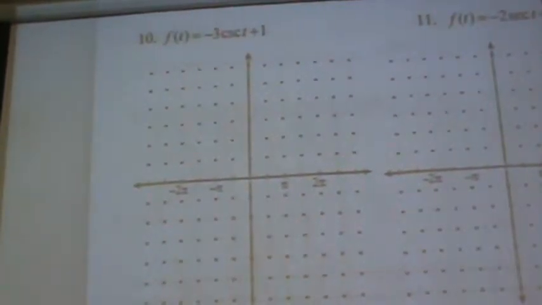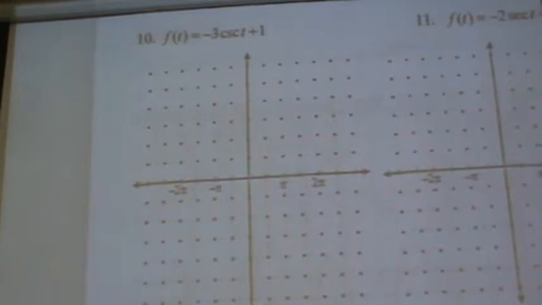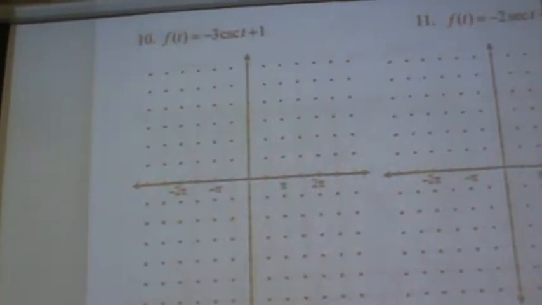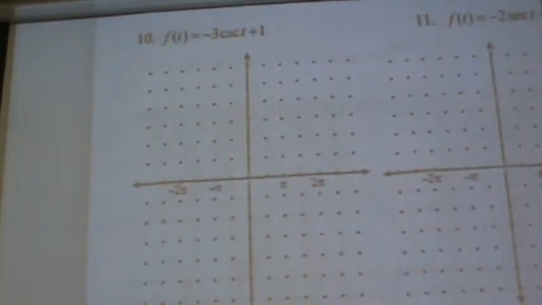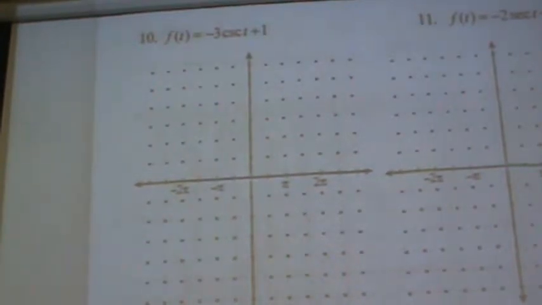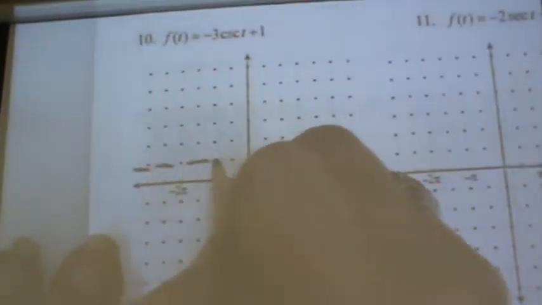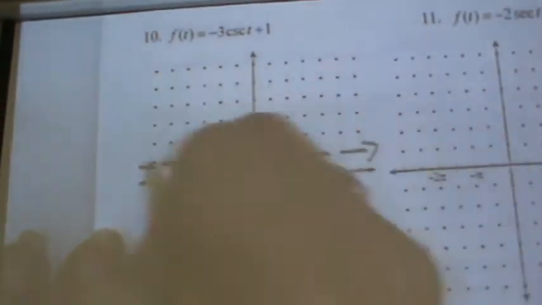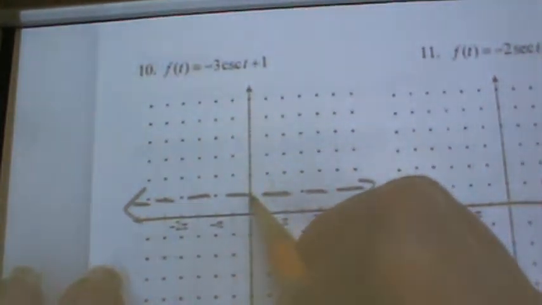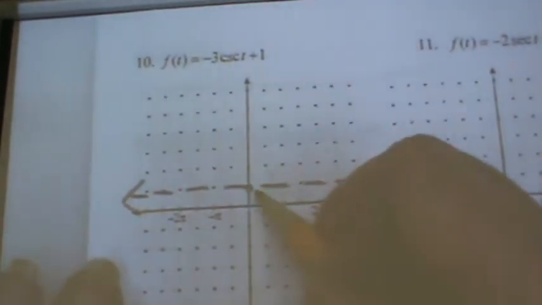Okay, what do you do here for 10? You're gonna go up 1. Up 1. And you're gonna graph the sine curve, but upside down, right?